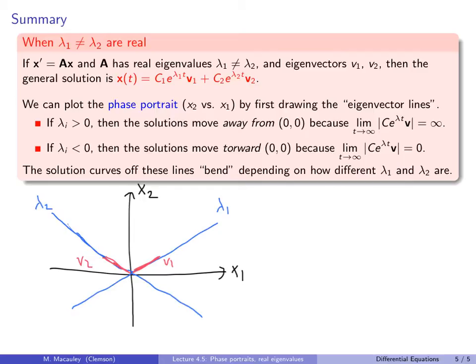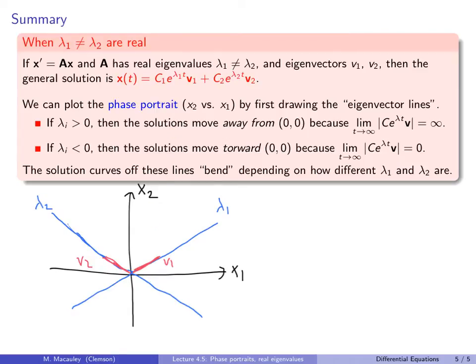So suppose lambda 1 and lambda 2 are both positive but small, like 0.01 and 0.05. Then solution curves are going to move away from the origin, but they're going to do so slowly because these exponentials are blowing up slowly. In that case, it's going to go in this direction.